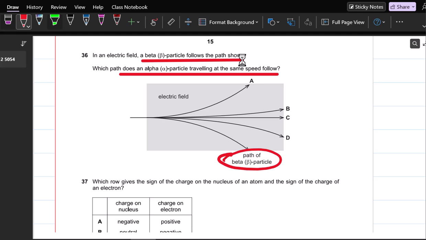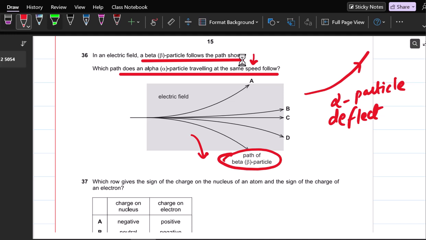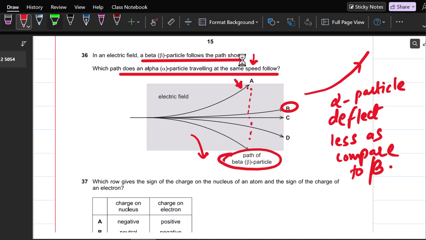If beta is going down in the electric field, it means alpha will go up like this, but going at the same speed, the alpha particle will deflect less as compared to beta. This is the fact. So we are going to circle B. B is right here because A is showing more deflection, or somehow similar deflection as beta is having. So this is not appropriate. Its deflection is less than beta.